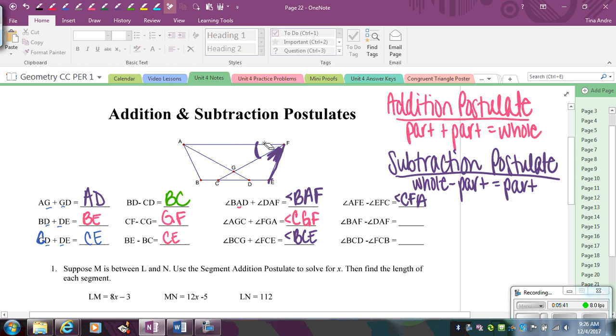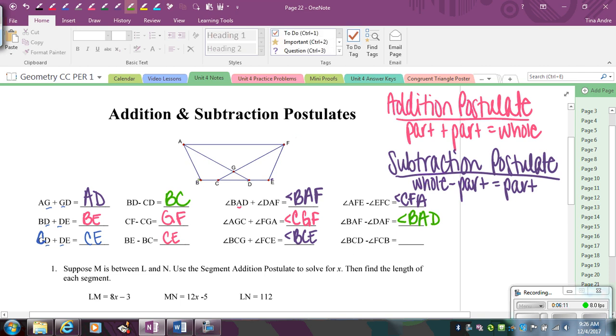Then we look at the next one. We have BAF. So BAF is this entire angle up top. We're going to remove angle DAF, which is this section right here. So what I'm left with is this angle, which is angle BAD. And then lastly, we have BCD.